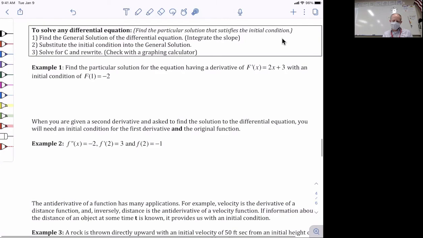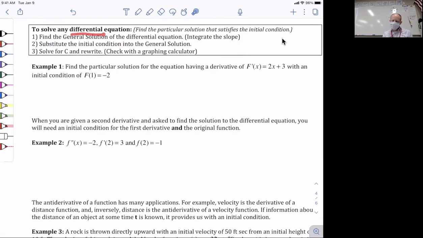To solve any differential equation, find the particular solution that satisfies the initial condition. Another way to say that: you want to find the general solution of the differential equation, so basically integrate the slope. Then you substitute the initial condition into the general solution, solve for c, and rewrite. And of course, you can always check with a graphing calculator to make sure that the graph goes through that point.